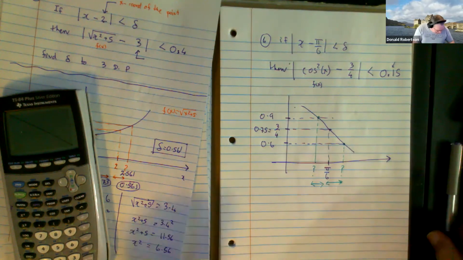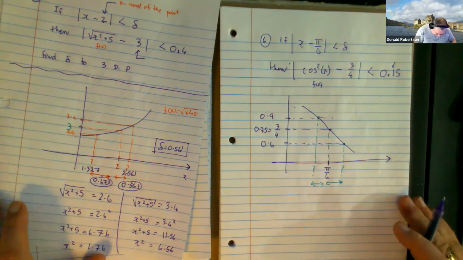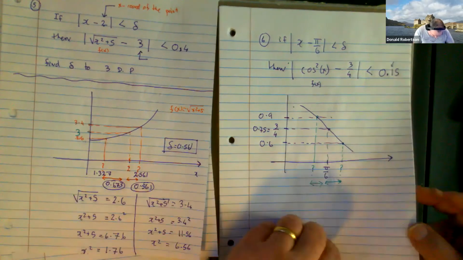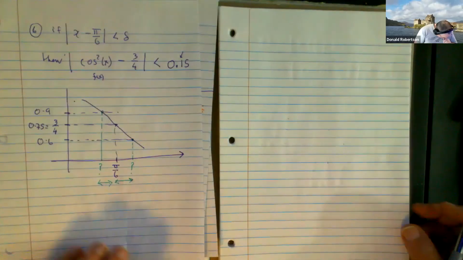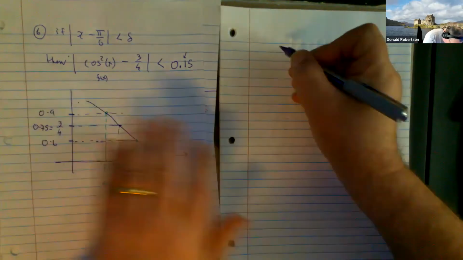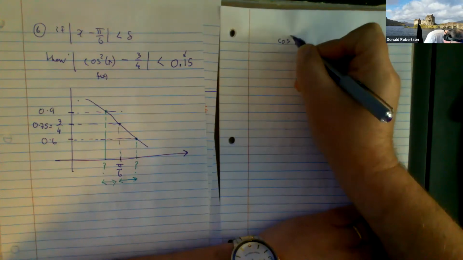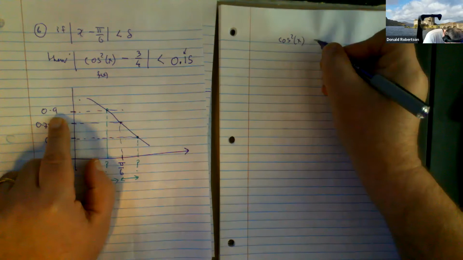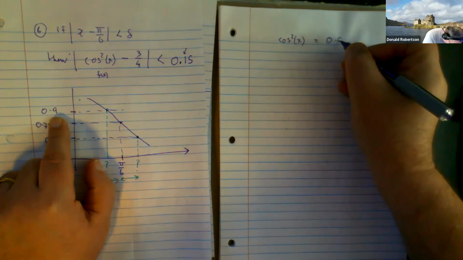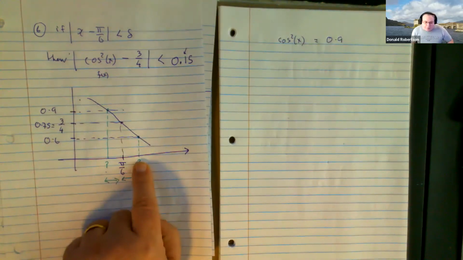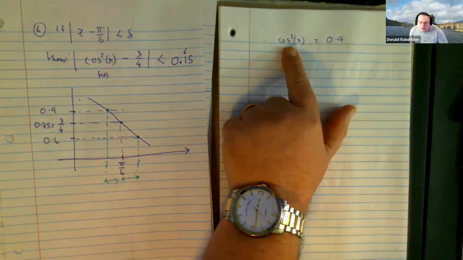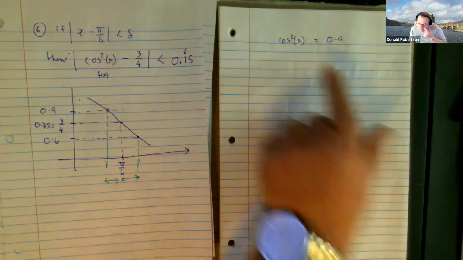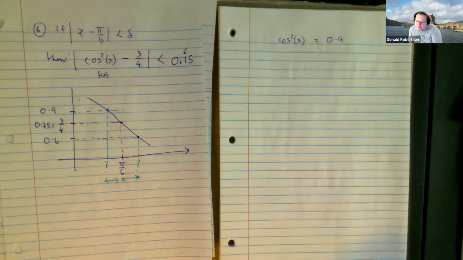Now, being the last question, things are going to get kind of messy, even more so than the others. For instance, the function that I've got is cos squared x. And I want to know what value of x makes it 0.9, because that's going to tell me this number. So we have to solve this trig equation. And it's going to be to 3 decimal places.